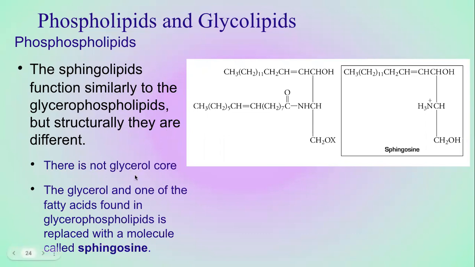Again, there is no glycerol here. So where you would have those three carbons in that glycerol lipid or triglyceride, you're going to have this sphingosine molecule. You don't need to have any of this memorized. You don't need to be able to draw this. Just know that you don't have glycerol, you have sphingosine in this molecule here.